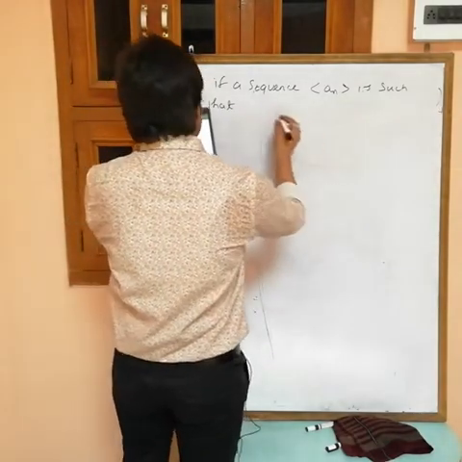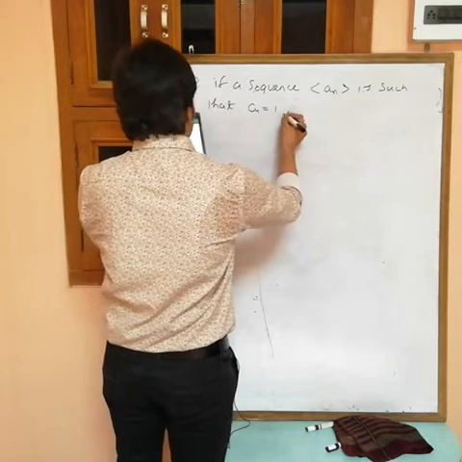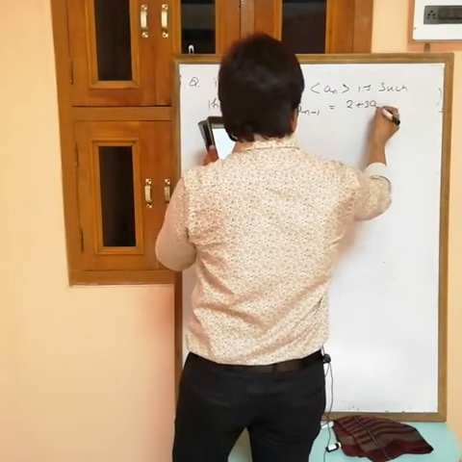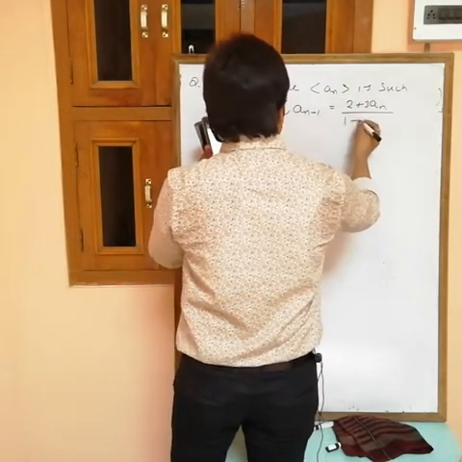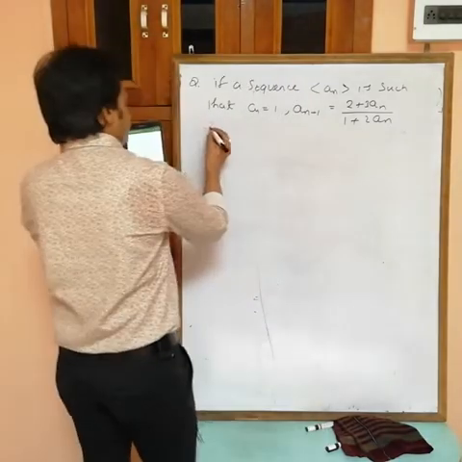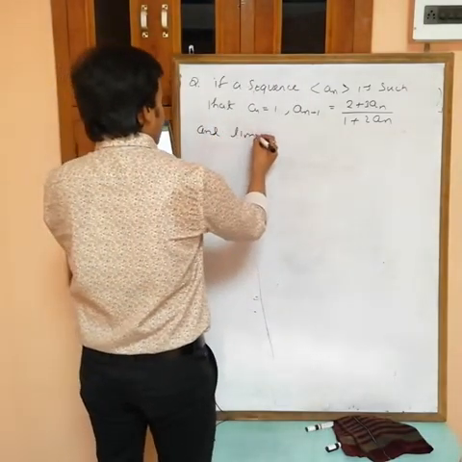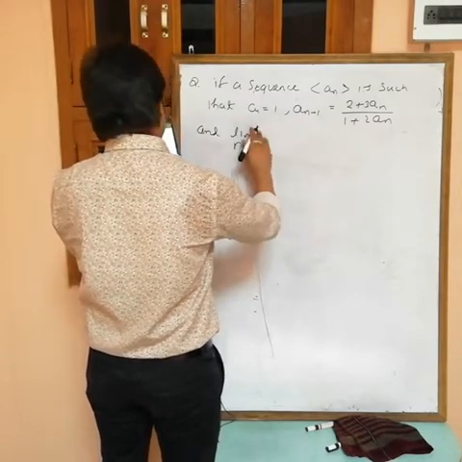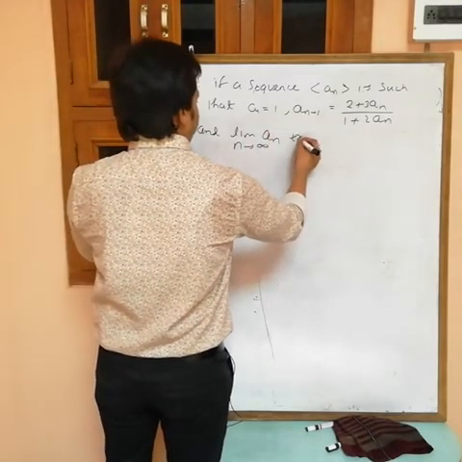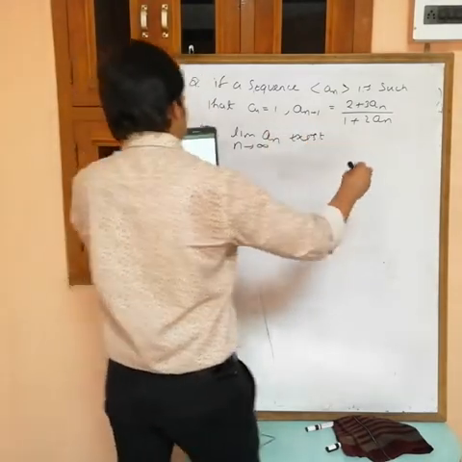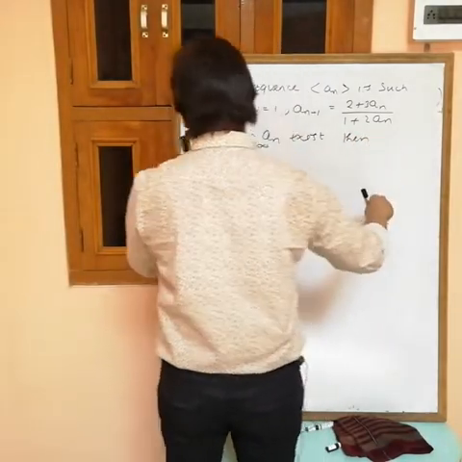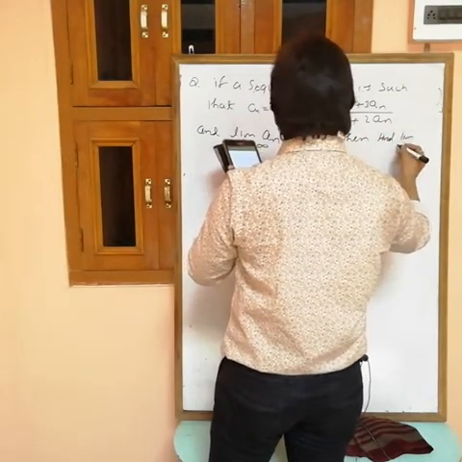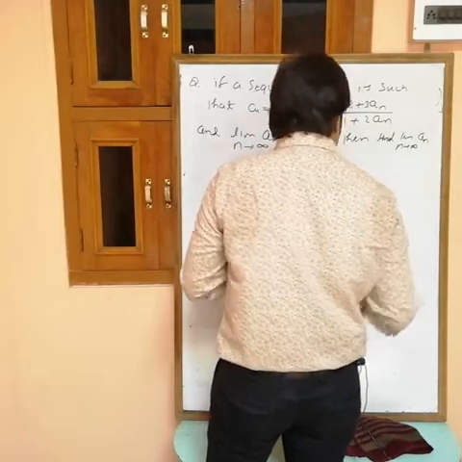If a sequence is such that a1 equals to 1, a_(n+1) is equals to (2 plus 3a_n) by (1 plus 2a_n), and limit n tending to infinity a_n exists, then find limit n tending to infinity a_n.